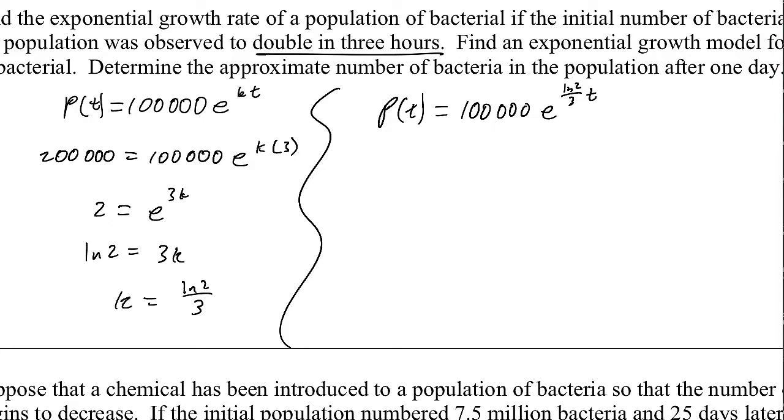All right, and that is our model. If I want to find after 1 day, then I do P of 24, since I'm talking about hours. So I have 100,000 times... So I get 25,600 bacteria.